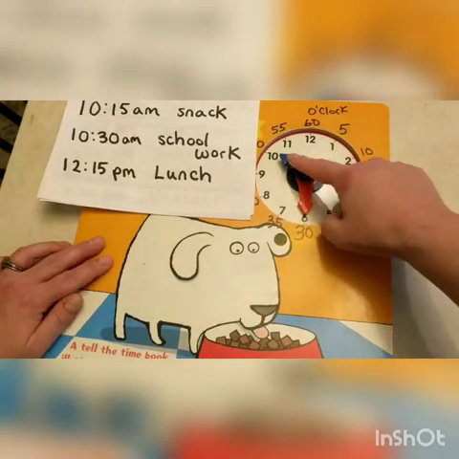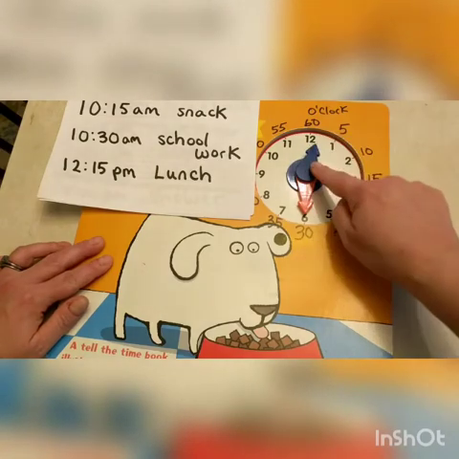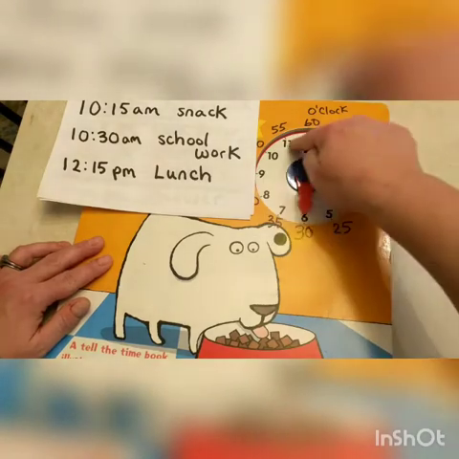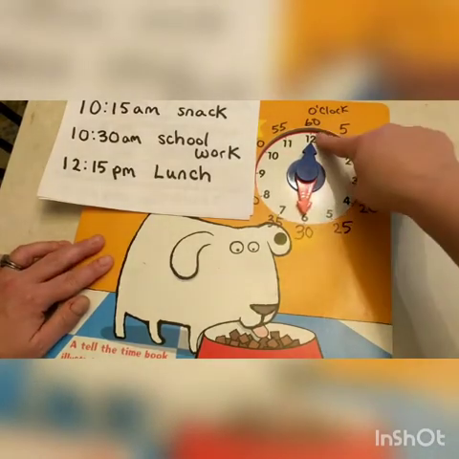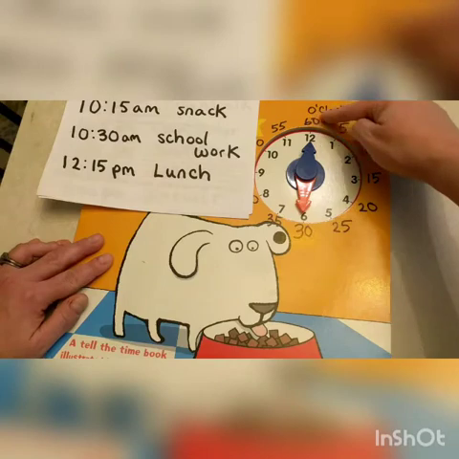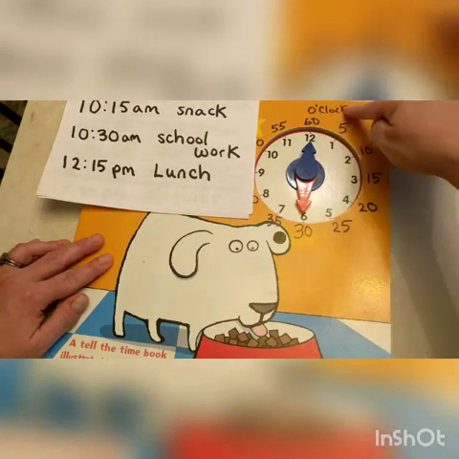So I'm going to move my hour hand to the 12, and I'm going to move my minute hand to the 15. Now I don't see a 15 on my clock. It only goes up to 12. How do I show 15? You're right. 15 is really at the 3 if we're skip counting by 5.